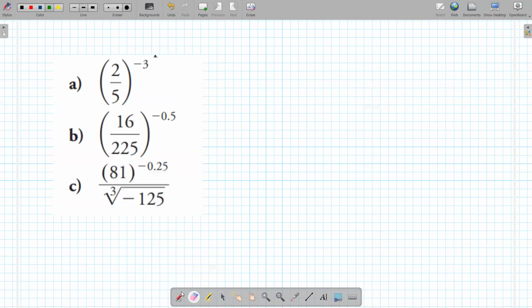For C, can we flip it upside down? No. It's because the negative 0.25 doesn't apply to the denominator. So what do we do?